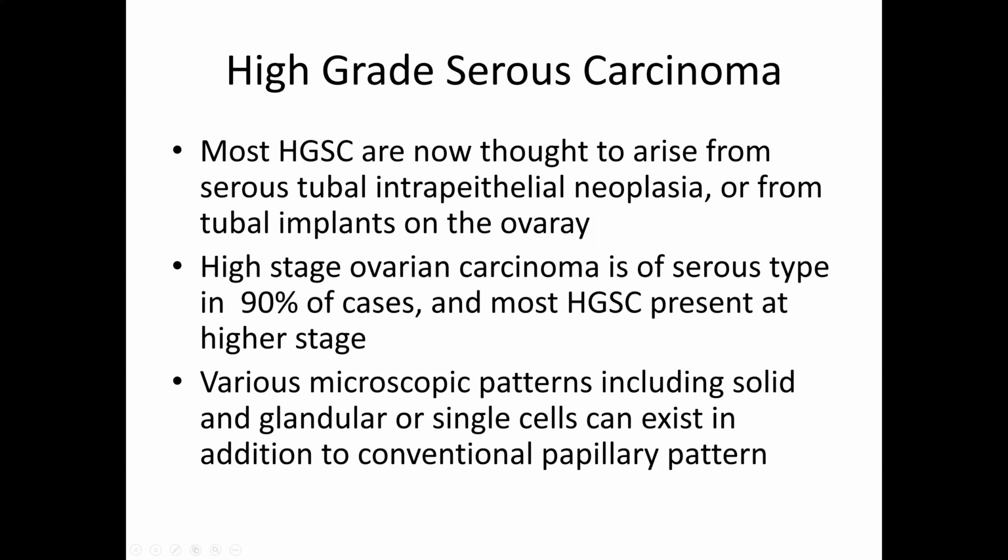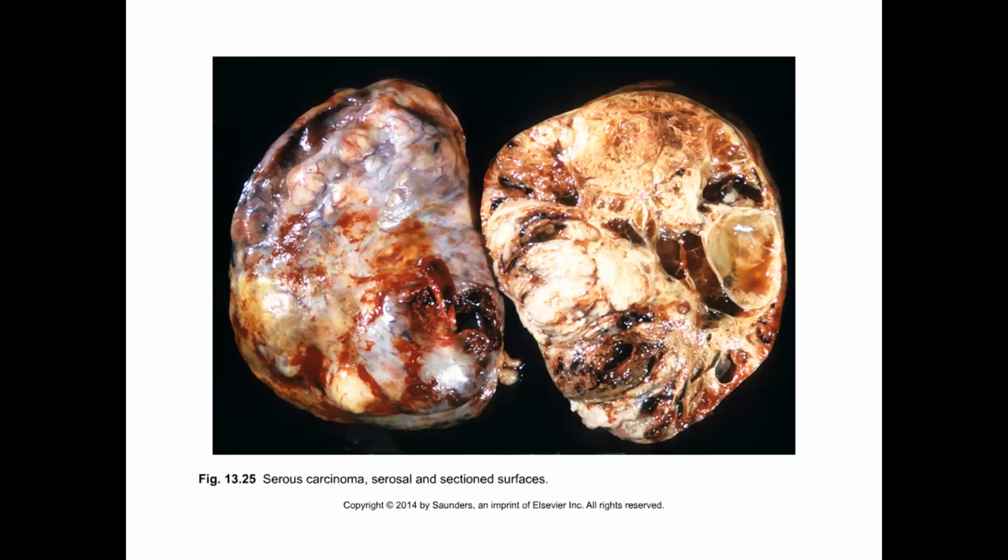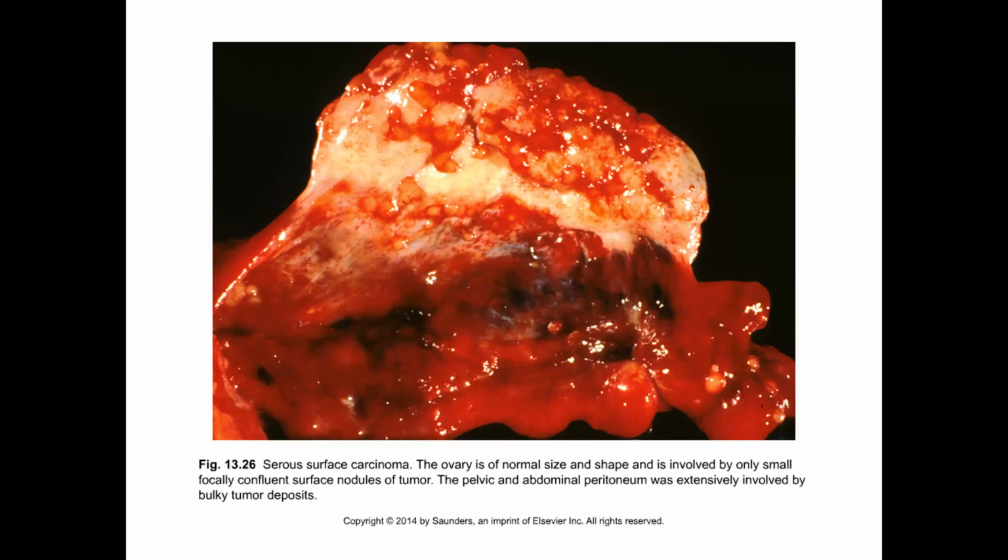And there are various microscopic patterns which can be challenging to the differential considerations if you don't see these with some frequency. Here's a typical gross tumor with fleshy, solid cystic areas, areas of hemorrhage and necrosis. You see the surface here having this very congested, complex vascular pattern. And here, a surface version of serous carcinoma.